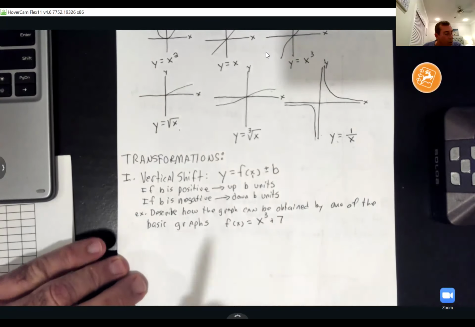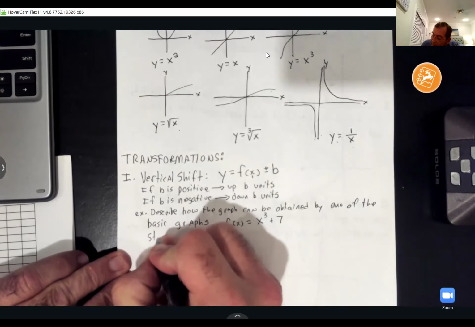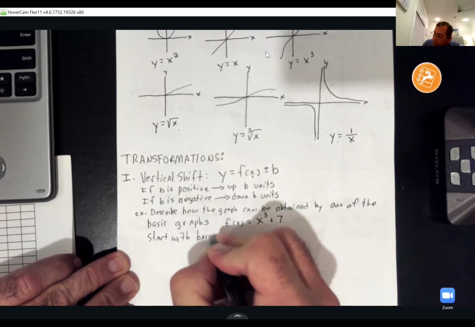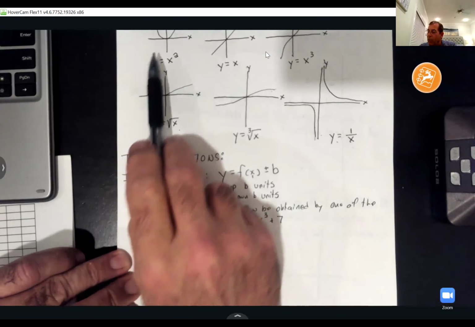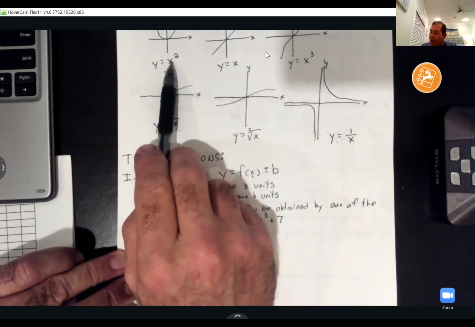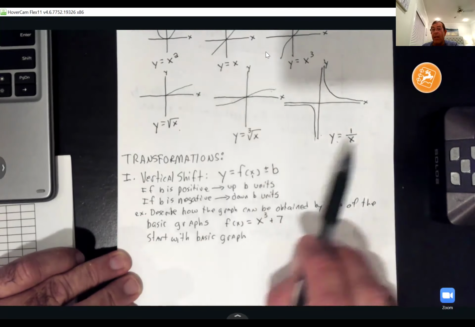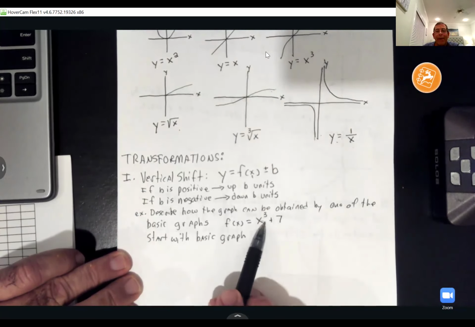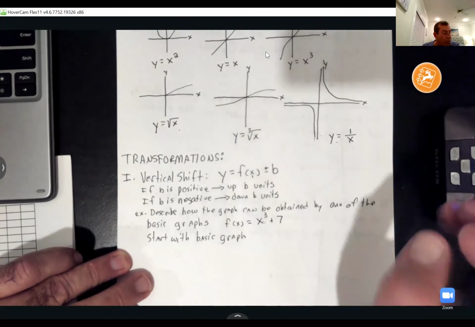What you would do on this is start with the basic graph. Which one of these would be my basic graph? I have an x squared, an x cubed, a square root of x, a cube root of x, or a 1 over x. Well, look here. They're giving me an x to the third in this problem. So that means my basic graph will be the x cubed graph.